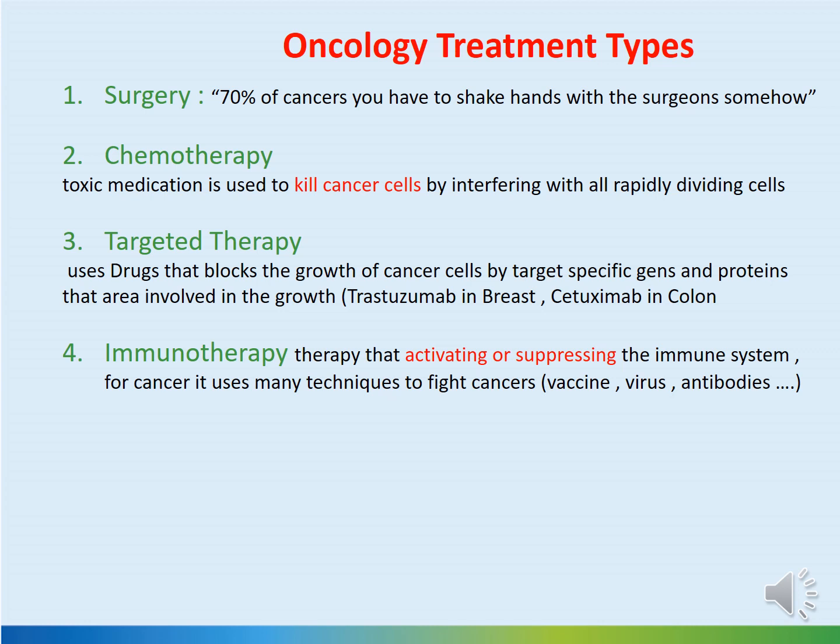In cancer treatment, immunotherapy activates the immune system, while in other diseases, like Crohn's disease or other immune diseases, we use this type of therapy to suppress the immune system.